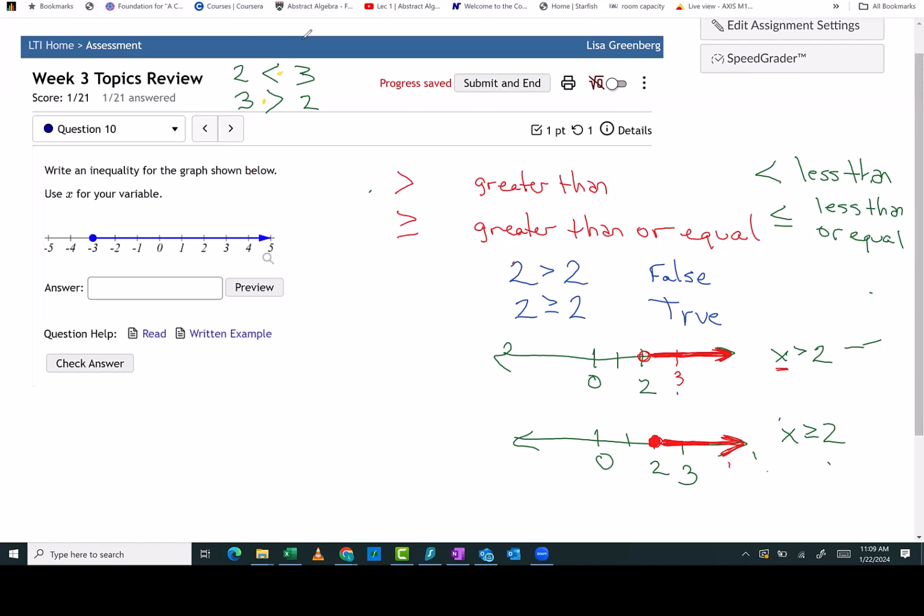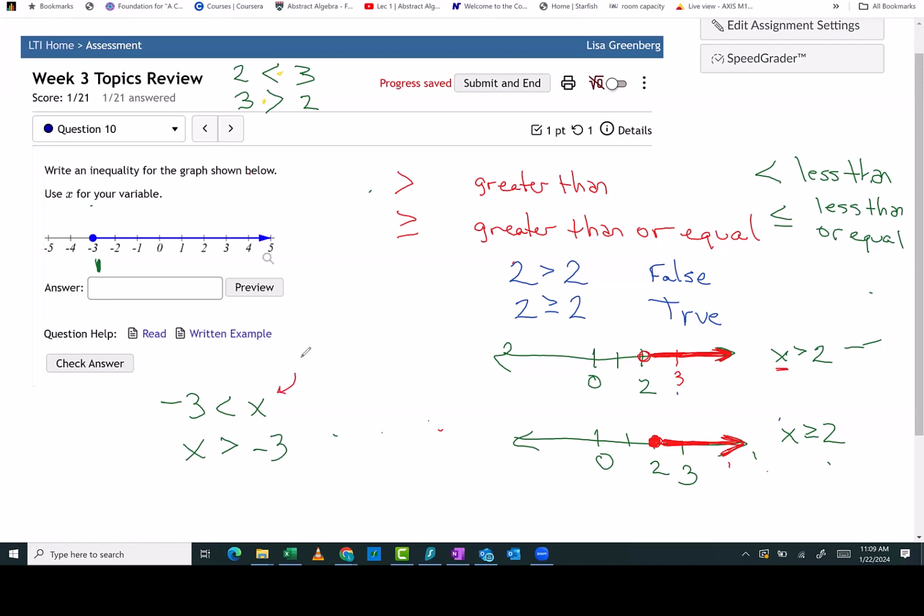Now, let's do this problem. Notice I'm starting at -3, and -3 is the smallest number. From there, it's going to the right, and the numbers are getting bigger and bigger. That means -3 is the smallest, and all my numbers are bigger than -3. Or I can say x is greater than -3.